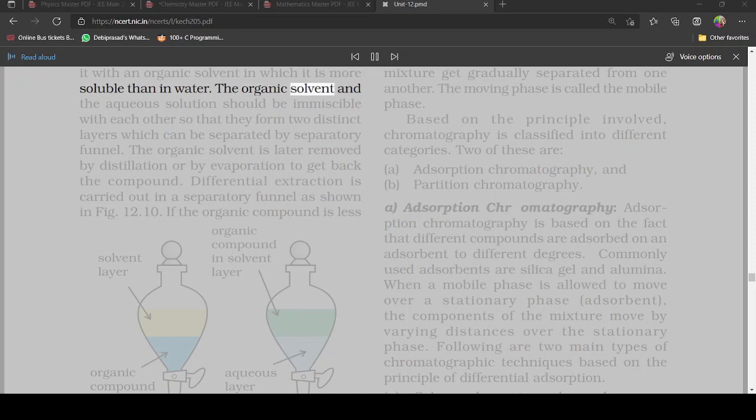The organic solvent and the aqueous solution should be immiscible with each other so that they form two distinct layers which can be separated by a separatory funnel. The organic solvent is later removed by distillation or by evaporation to get back the compound. Differential extraction is carried out in a separatory funnel as shown in Fig. 12.10.